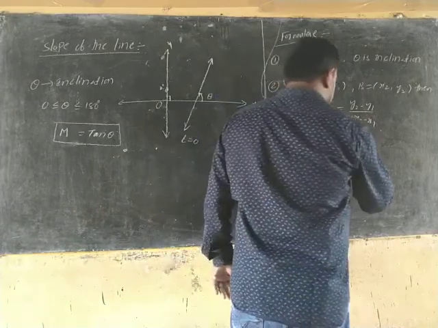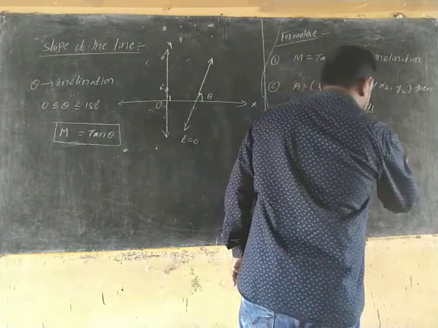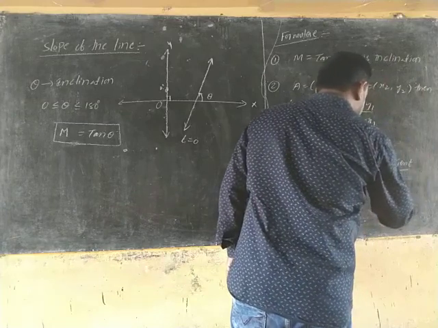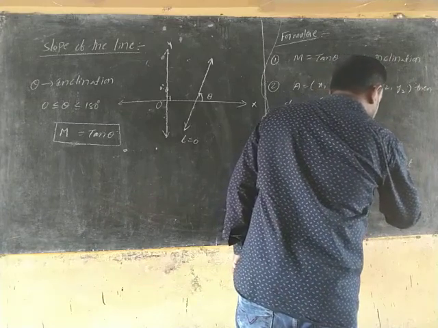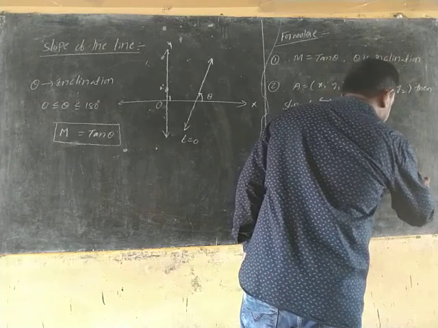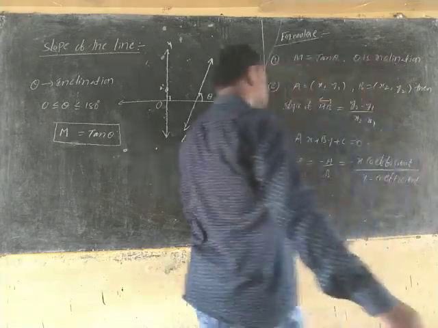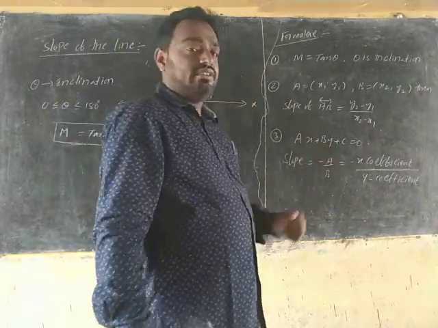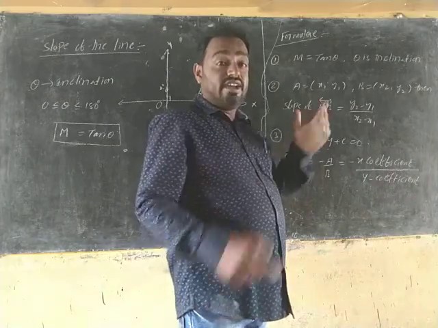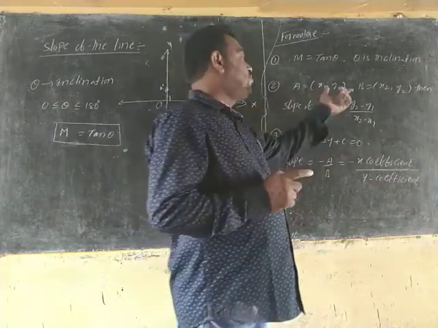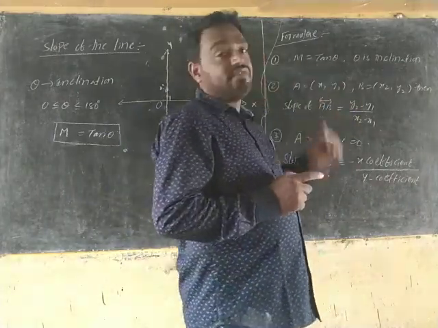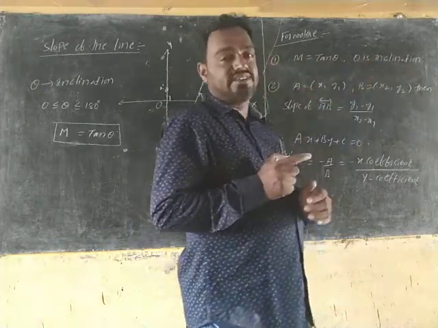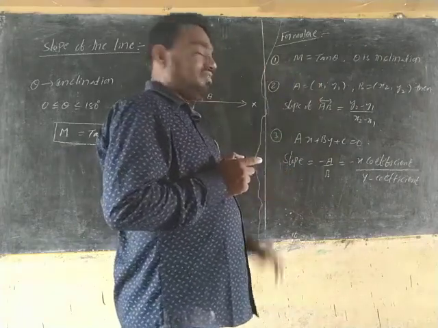That means minus the x coefficient by the y coefficient. This is the formula for when we know the line equation. The previous is for when the line passes through 2 points. And that is for when we know the angle between the line and the x-axis. You remember these 3 formulas.